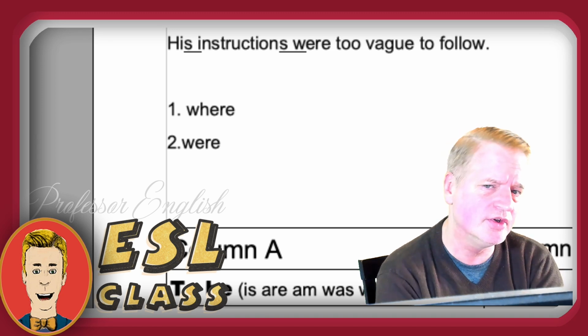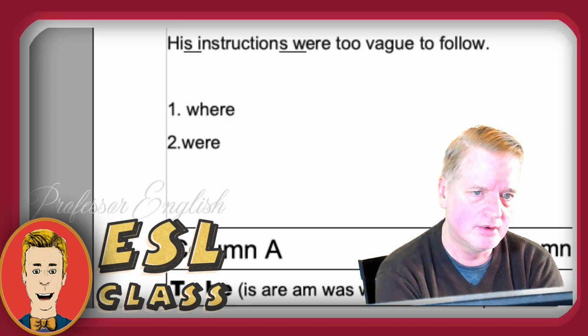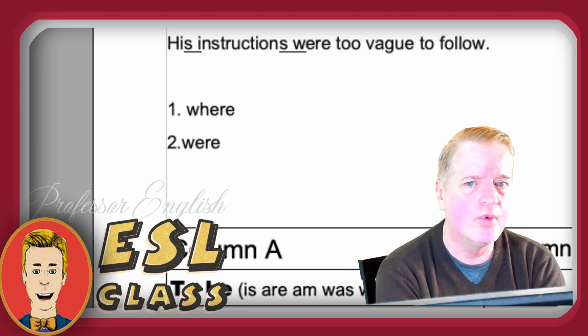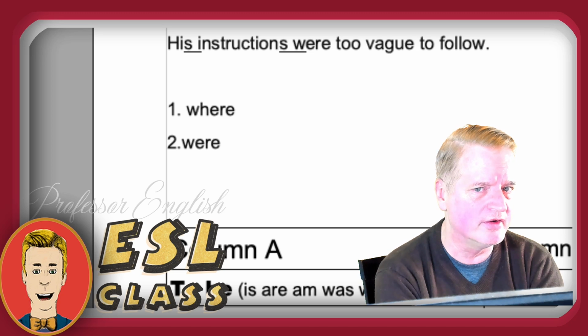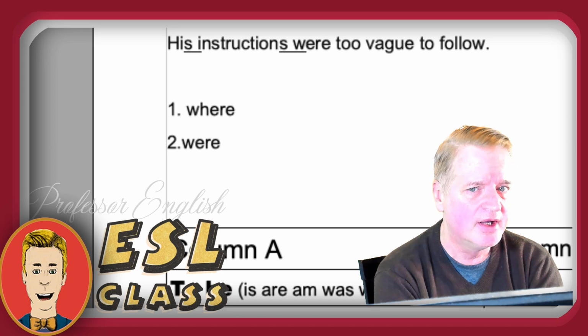So to you, number one and number two sound very similar. Okay, I'm going to say number one very, very slowly, and then number two very, very slowly. Pay attention to the vowel sound in the middle, and tell me which one has two sounds, number one or number two.